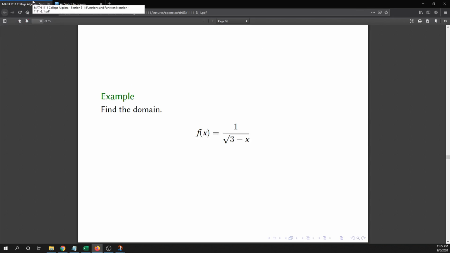So I've shown you the basics, the very basic division by 0 issues and the very basic even root issues. And that is good enough for a long time, in the sense that that's the very fundamentals of what you need to know.